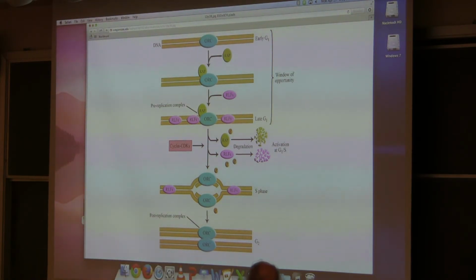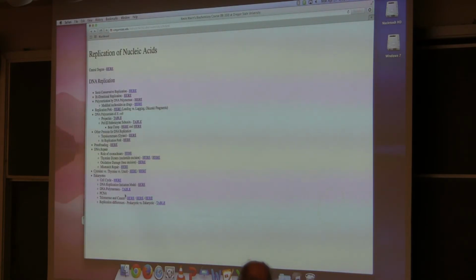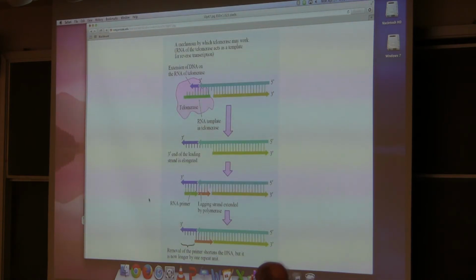What did I tell you about DNA polymerase's ability to start making a strand? It can't do it, right? No DNA polymerase can start making a strand by itself. You saw that it took primase to make that happen, right? And what was primase making? It's making a little piece of RNA, right?